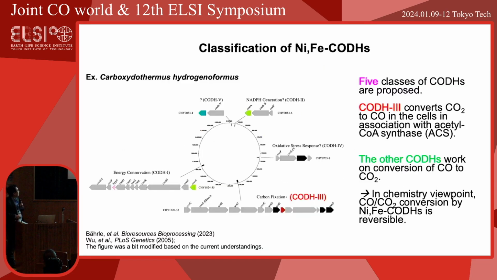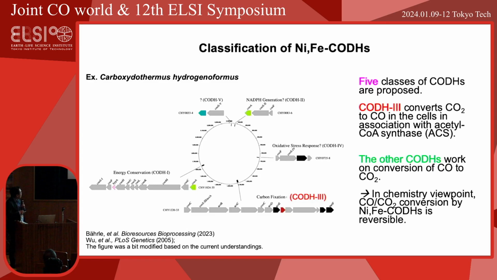Furthermore, we briefly look at the diversity of the CODH enzymes. This figure is a little bit old, but it's a good summary. In this organism, there are 5 classes of CODH enzymes. And the most famous CODH class is CODH3, which can be associated with acetyl-CoA synthase here as the ACS gene product.